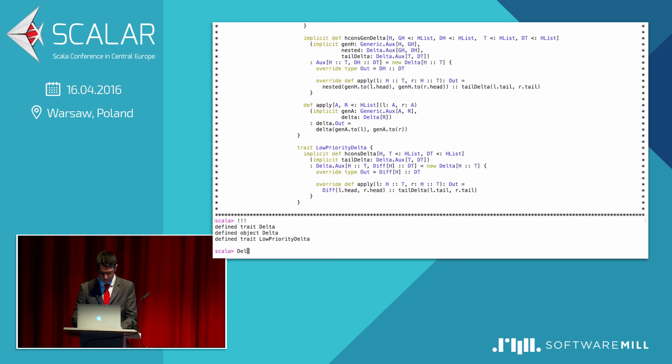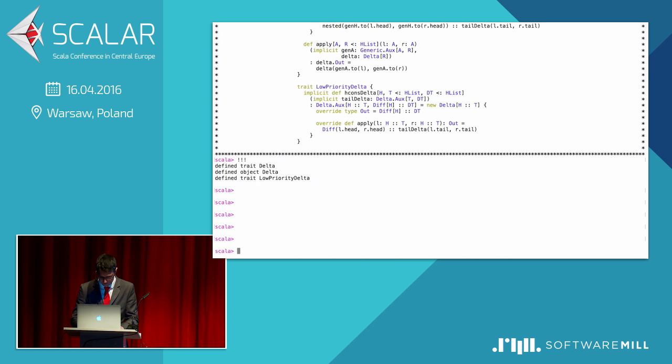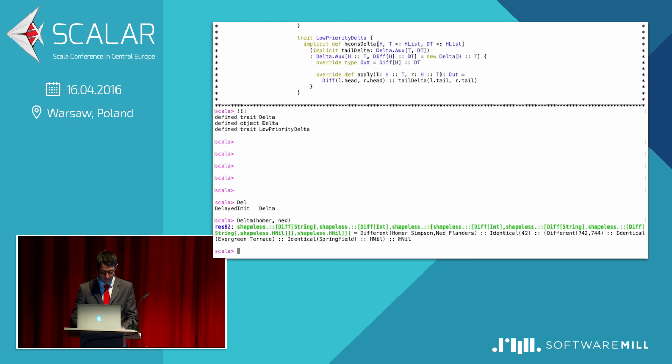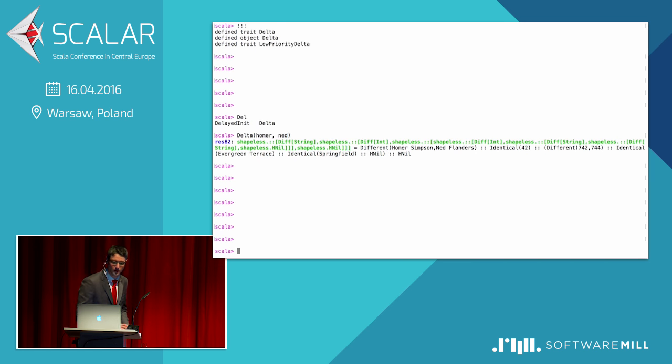And so now, of course, I have an even bigger type because my delta is more precise. And it says that Homer and Ned have different names, the same age.